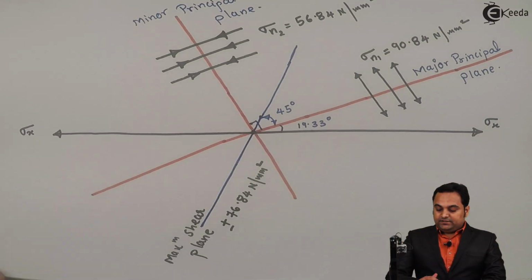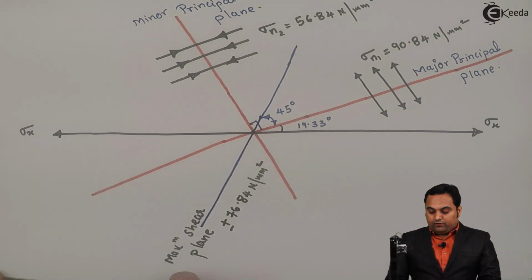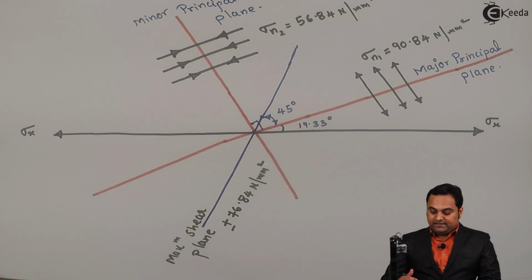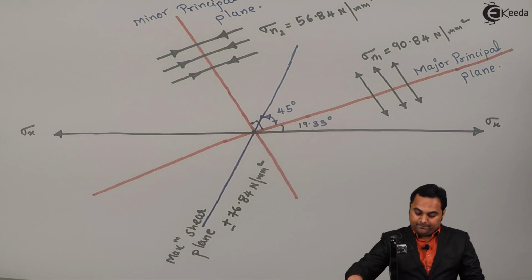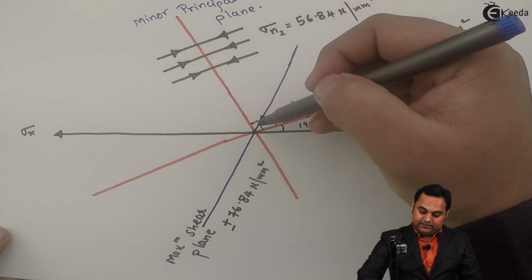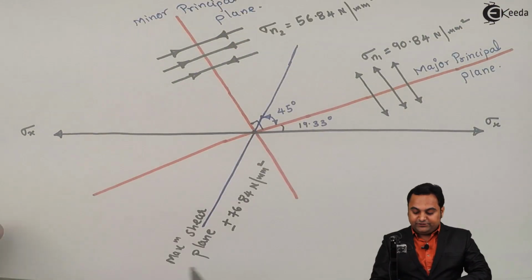Next, there is another plane of maximum shear inclined at 45 degree to the minor principal plane. So here I have the minor principal plane, inclined at 45 degree to it.